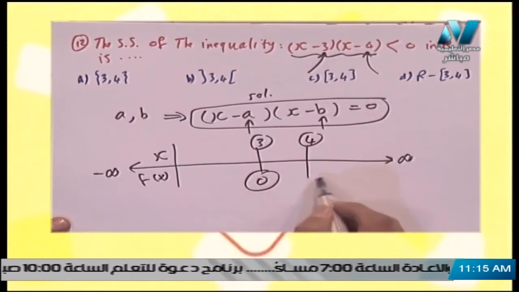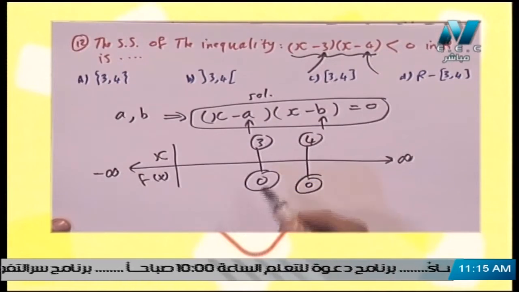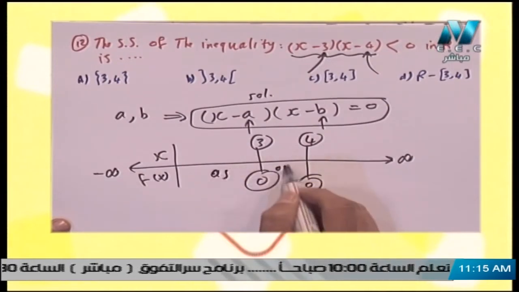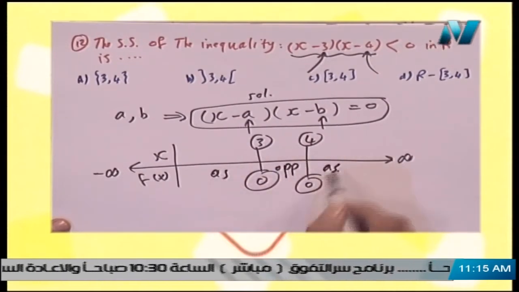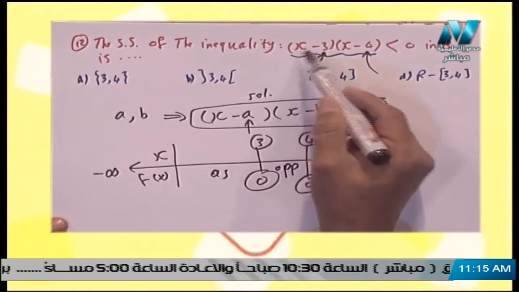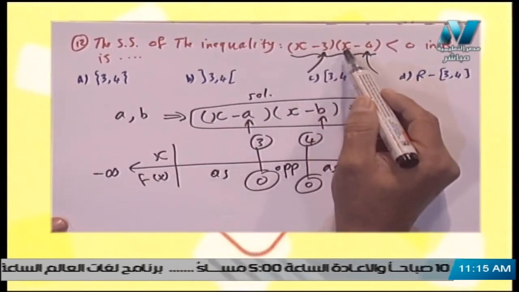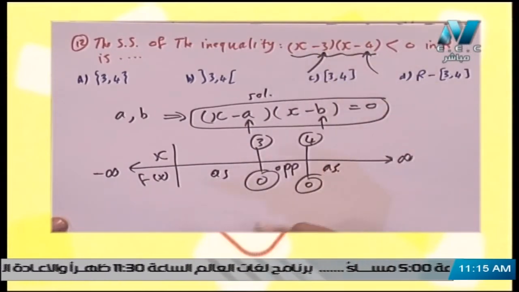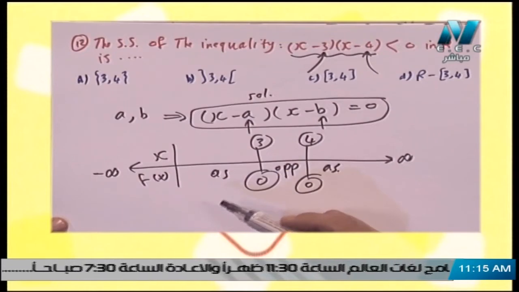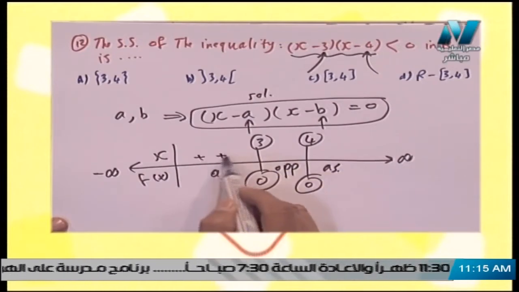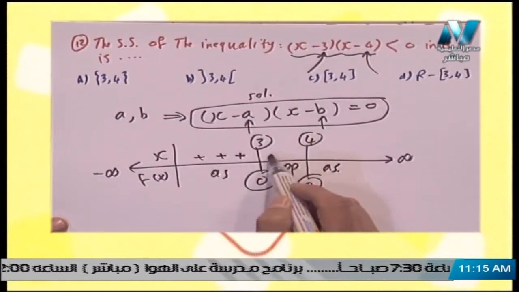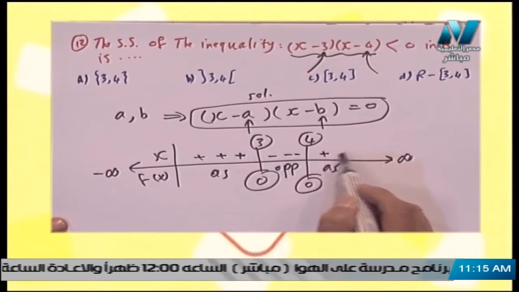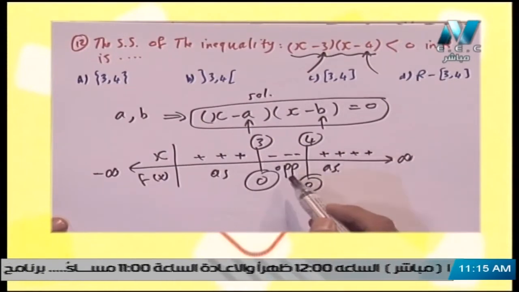We have 0, and it will be as, opposite, as, as we know. As what? x multiplied by x equals x power 2, and its coefficient is 1, and 1 is positive. So as means positive, opposite means negative, as means another positive.